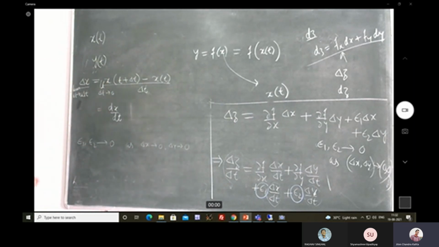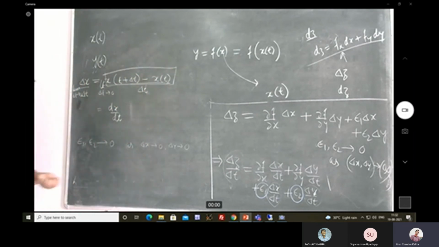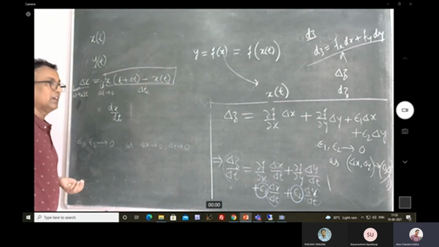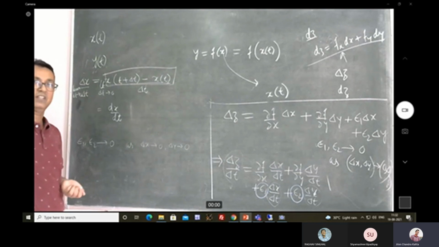So now you can see that when delta t tends to 0, what is going to happen? If you look at this expression, and of course, I'm assuming that the function x, as a function of t, is continuous. It has to be continuous. Otherwise, we won't be able to find the derivatives here, isn't it? Fine.